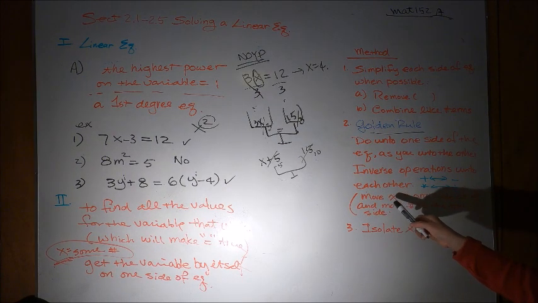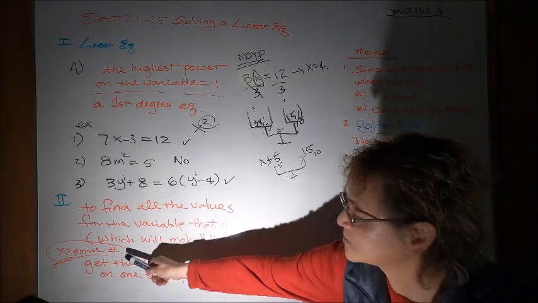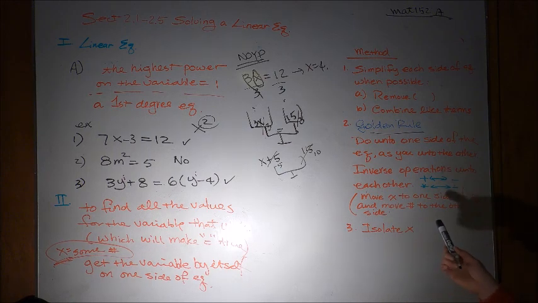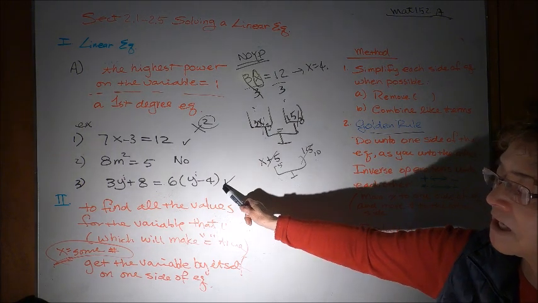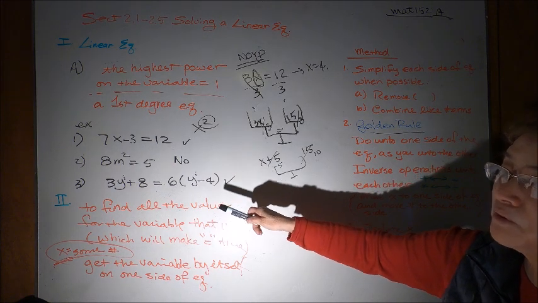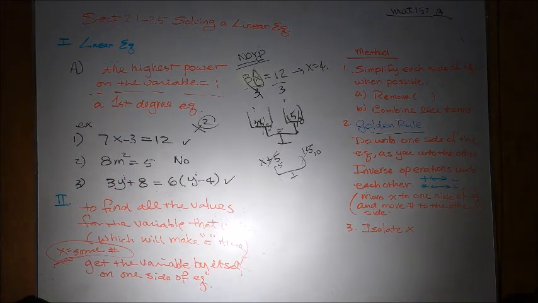Then you get x by itself on one side, then you find the answer. But in a more complicated situation like this, what do we do? We need to simplify each side before we do it. Then you get x by itself.